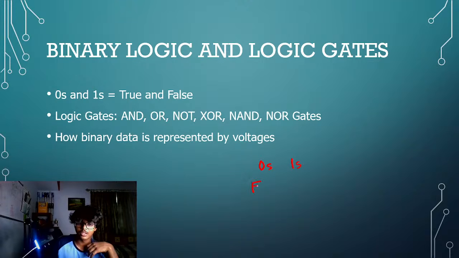Zero is false and one is true. If you don't know what that means intuitively right now, I'll tell you later, but it's fine. As of right now, just know that we use a zero to represent the idea of something being false, and one to represent the idea of something being true.